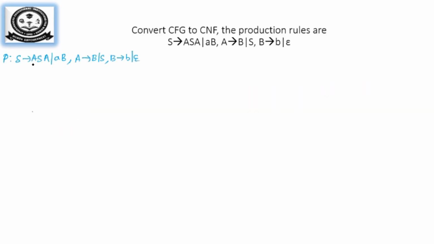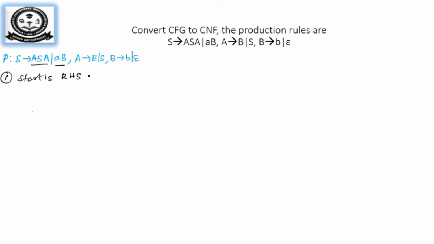You can see here, this is not in Chomsky normal form, this is not in Chomsky normal form, and here A tends to B and A tends to S, no issues, but B tends to epsilon is a null production, so you have to remove this. Let us start with the first step. You can see the start symbol is on the right hand side of the production.